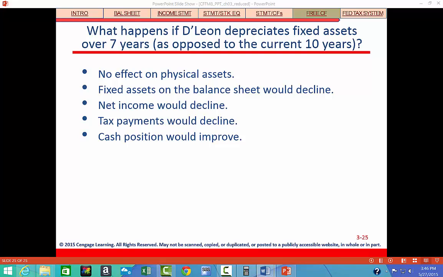Because depreciation expense would then increase, net income would decrease. Finally, the firm's cash position would increase because its tax payments would be reduced. So you can see how doing one little thing has a very complicated effect. And that is the end of chapter 3.